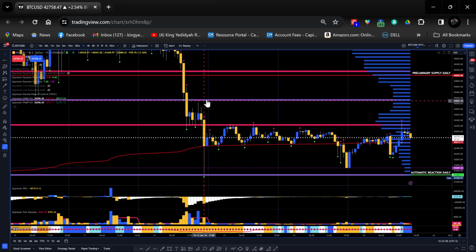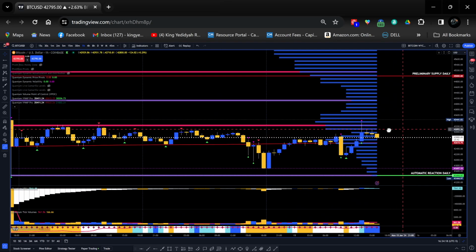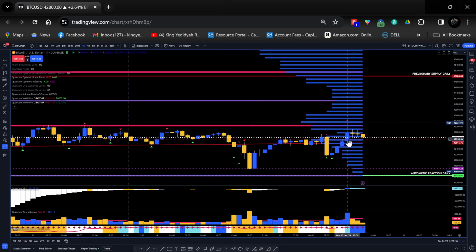Then we got the little bounce up to the low volume node, and then we broke down to create the selling climax. Now, these two touches here probably wouldn't create a high volume node. It's probably this. So I guess this is a key level right here, where we got the resistance there again. Sellers came back in with actual high volume as well.